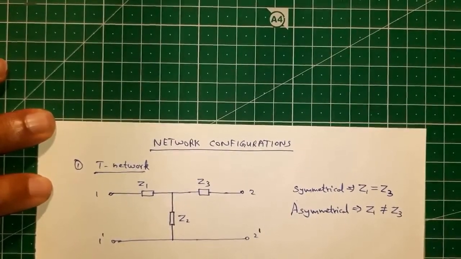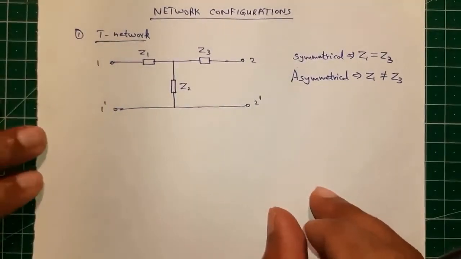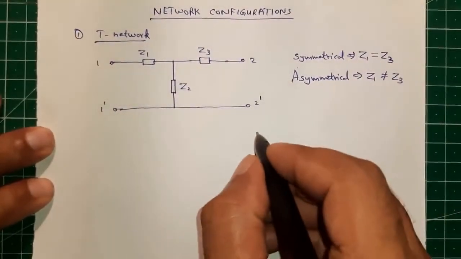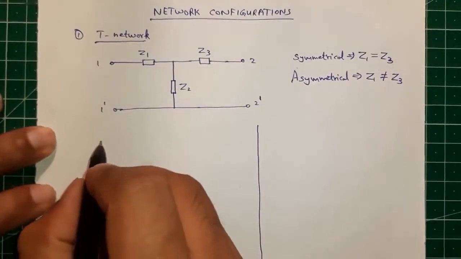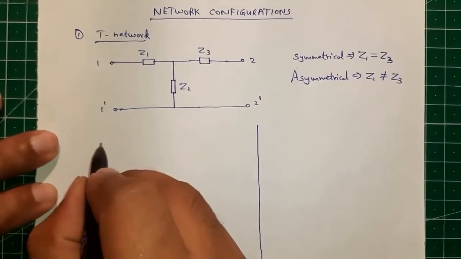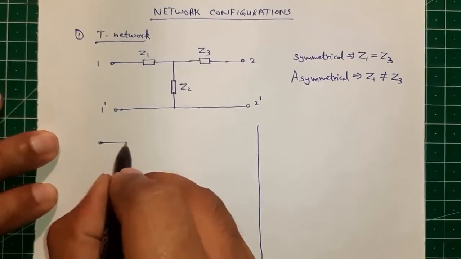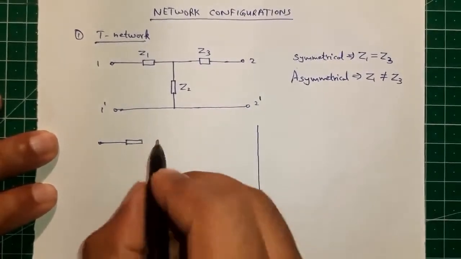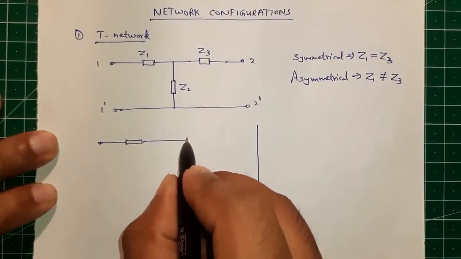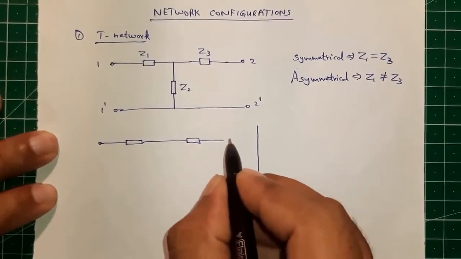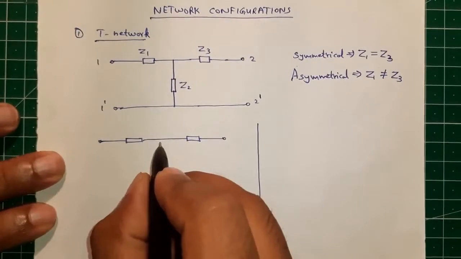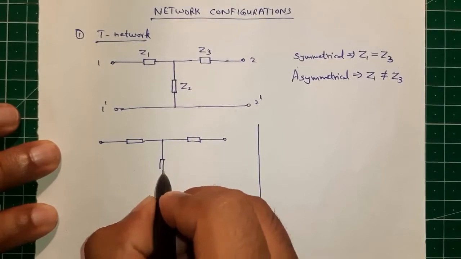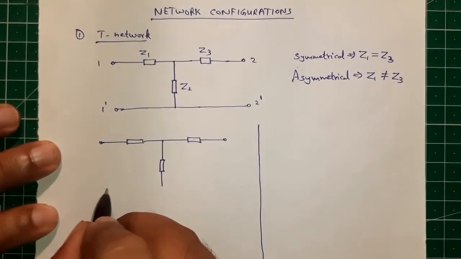So how do we verify this? You can put some numbers. Take the case when Z1 is equal to Z3.